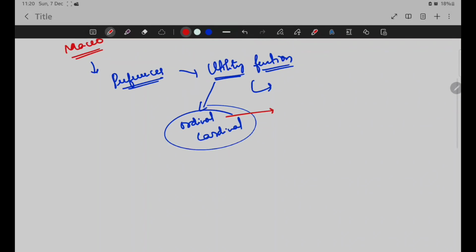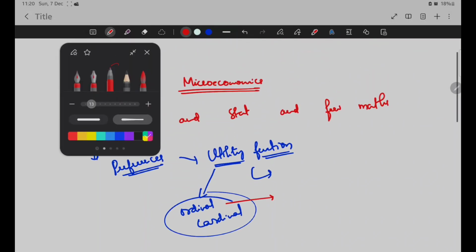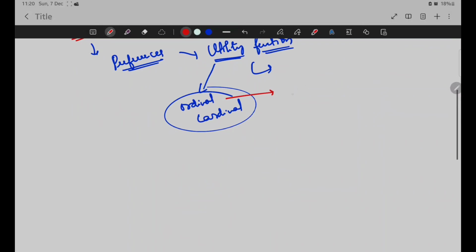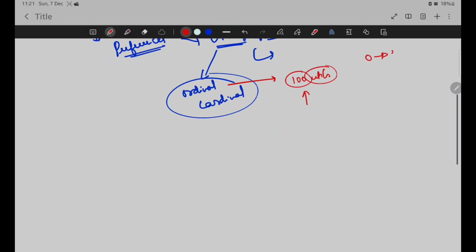It's like you don't have exact, it means once again you don't have like 100 of utils. It's a relative term. Suppose you are allotting 0 to few goods, and upon that you are telling here 100 utils is relatively the utility you are getting from certain products.